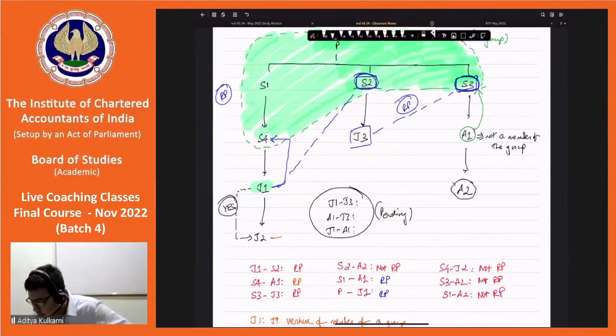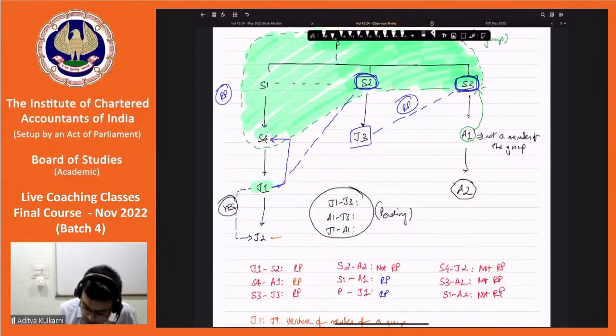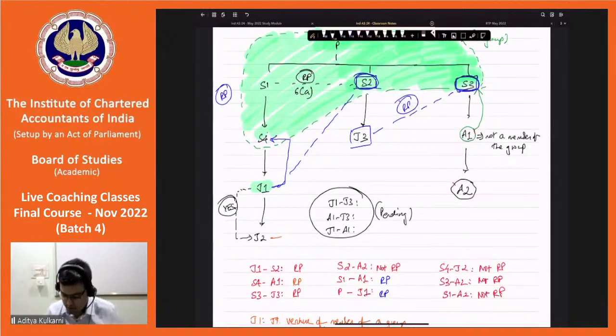And the other one, S1 and S2, these also will be related. Why? This is by virtue of 6A. Members of the same group are related to each other. The others, J1, J3; A1, J3; J1, A1, I have not discussed. I'll come to that.